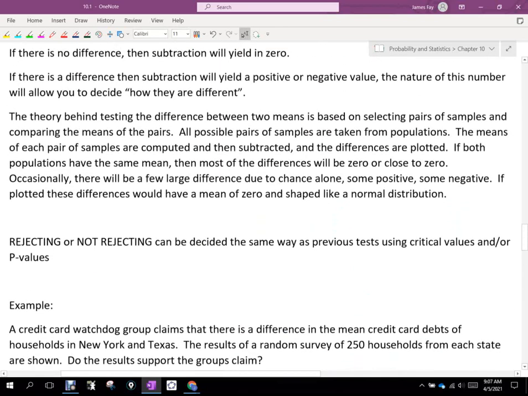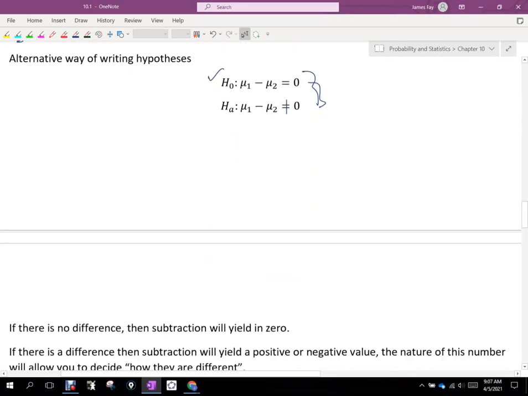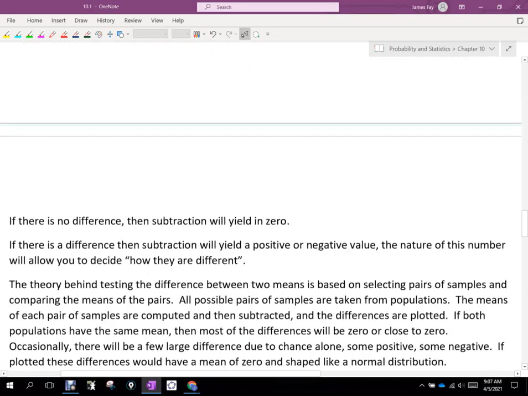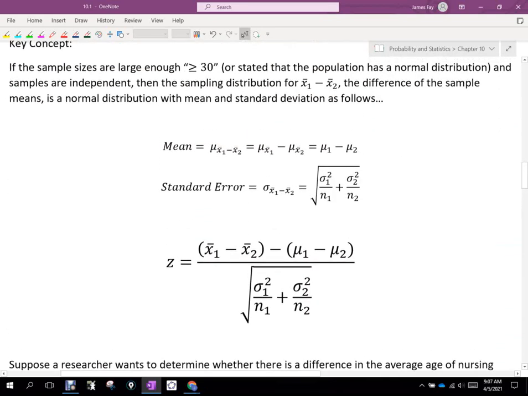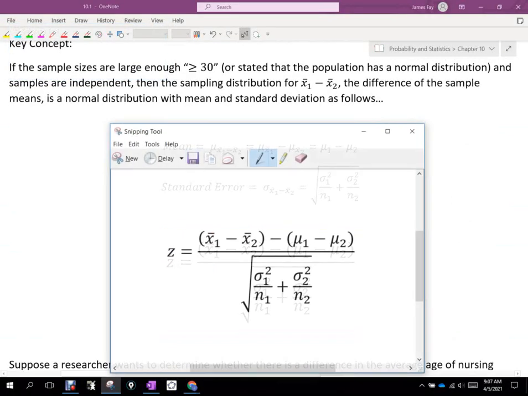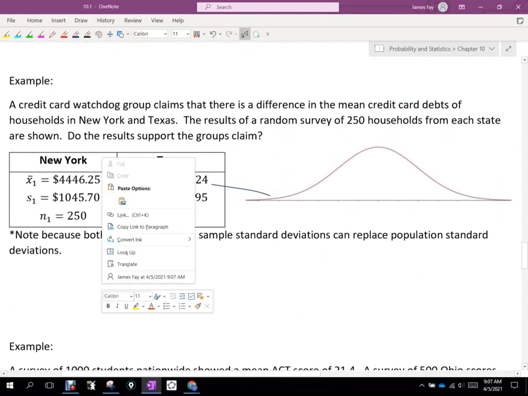So our formula, we want to use sigma in our formulas, but if we don't have that, as long as our populations are big enough, our samples are big enough, we can replace sigma with the sample standard deviation. Okay, so all we're going to do is take these formulas here, and we're going to standardize our data and see if there is a difference.